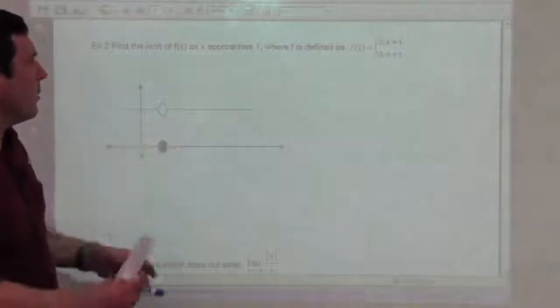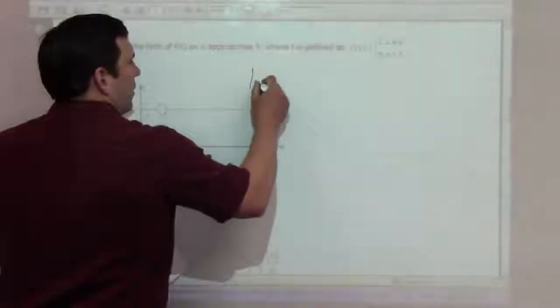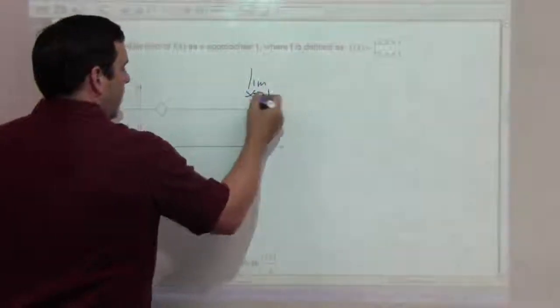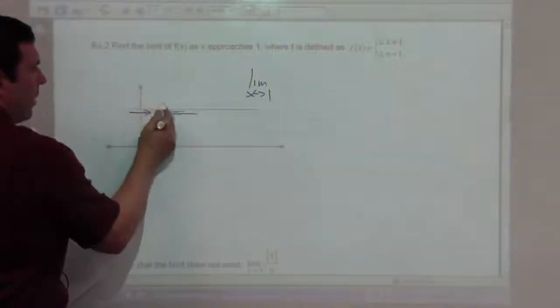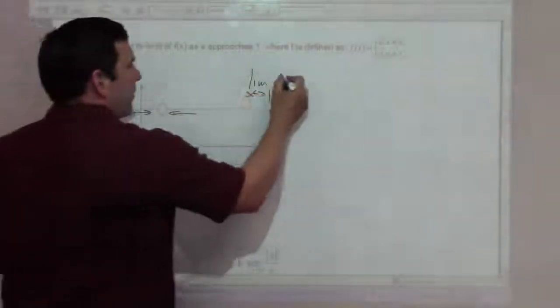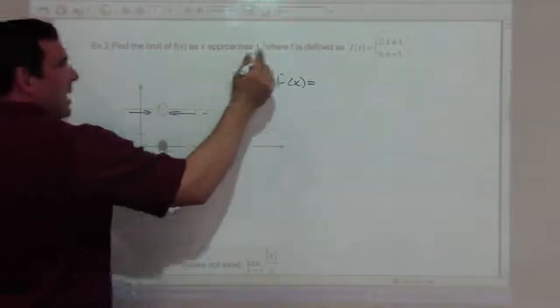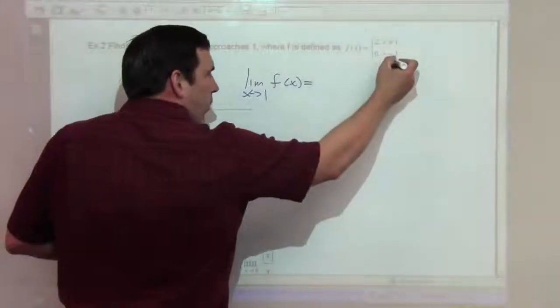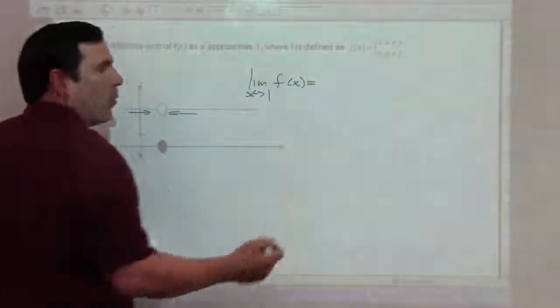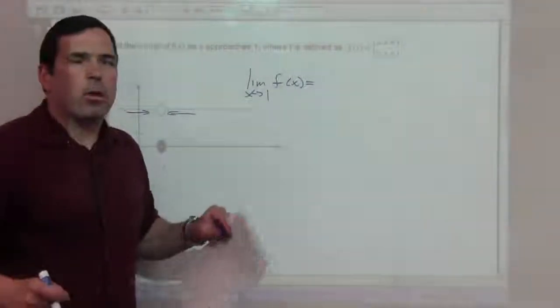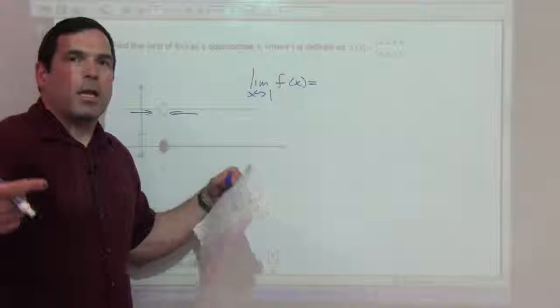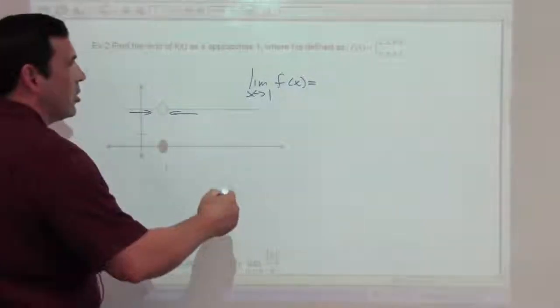What is our limit as x approaches 1? As x is going to 1 from either side, what's the behavior of this graph? Well, only place it's at 0 is at 1. But as we get close to it, we could be at 1.000001 or 0.9999999, and on either side we're going to be at 2.